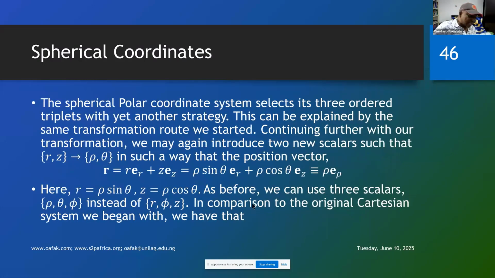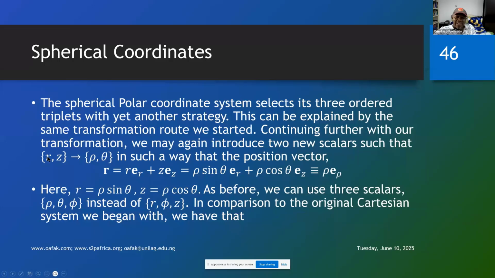Well, let us now use the rest of our time and move into the spherical system. We've finished with the Cartesian system. To move to the spherical system, instead of beginning from the Cartesian, we begin from the cylindrical. So we transform the cylindrical from R, z to rho, theta.